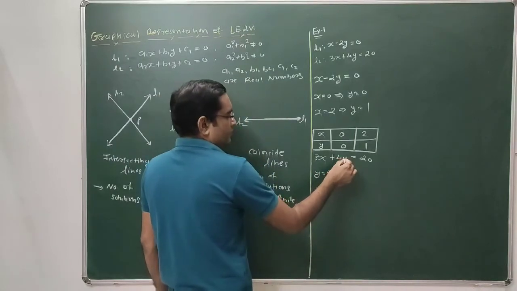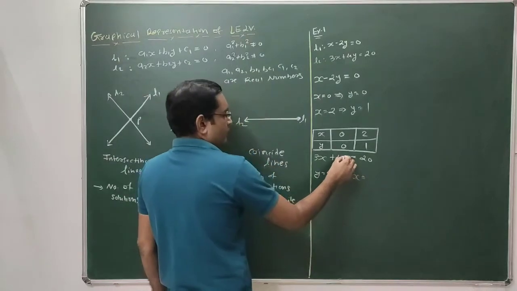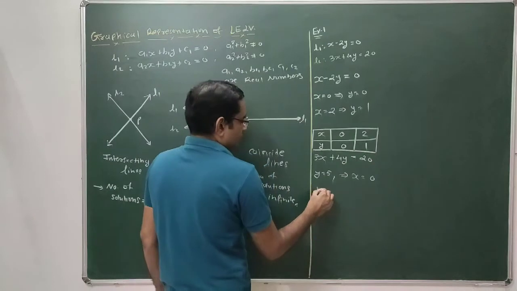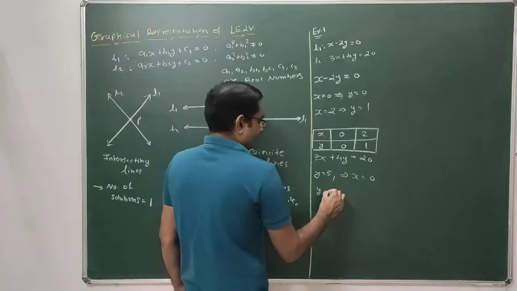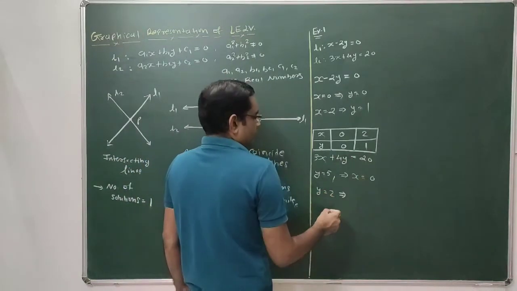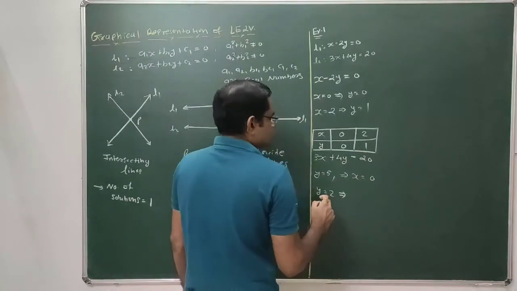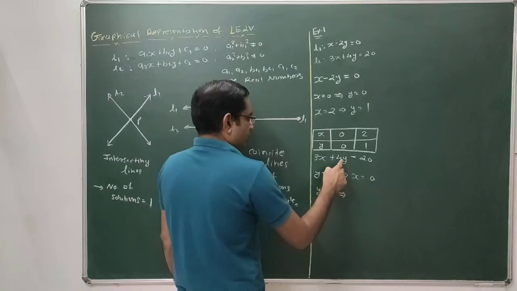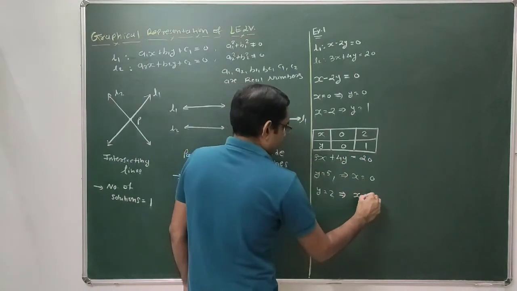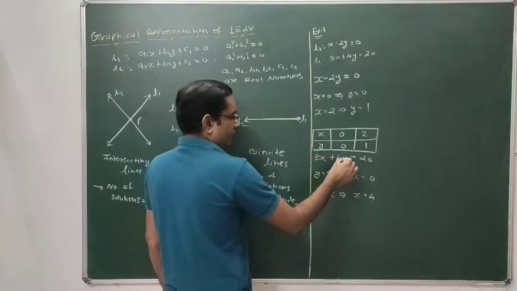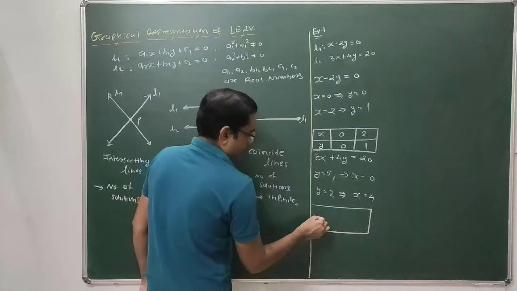Then 4 fives are 20, 20 minus 20 is 0, so x equal to 0. If we take y equal to 2, then 4 twos are 8, 20 minus 8 is 12, and 3 times x equals 12. So we get x equal to 4. 4 threes are 12, plus 8 is 20. So this is the solution of the linear equation.